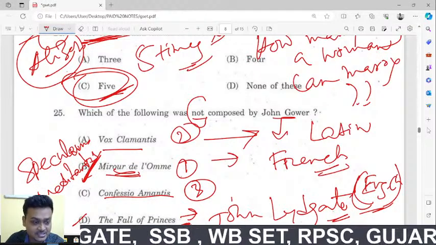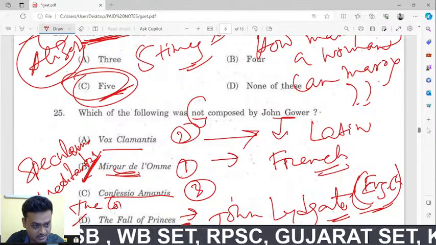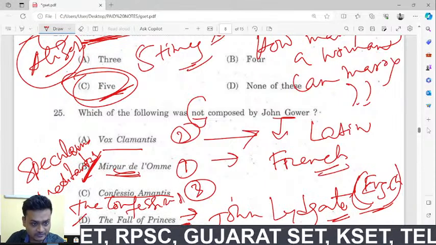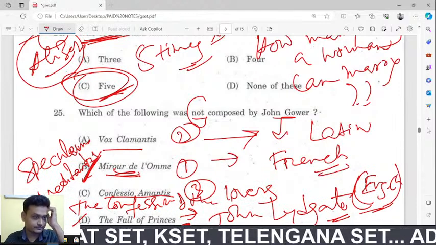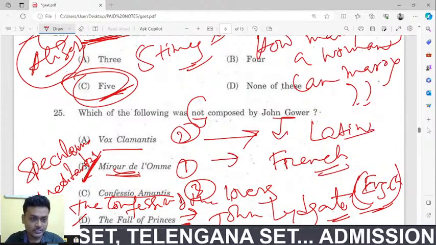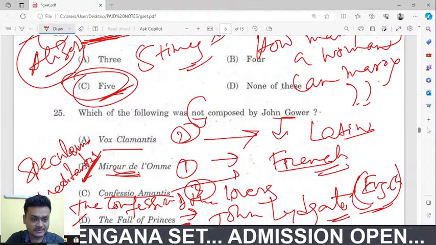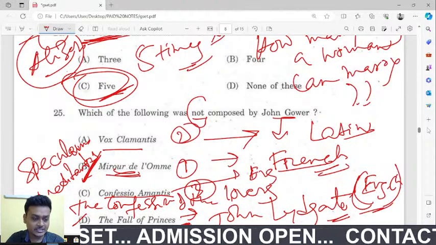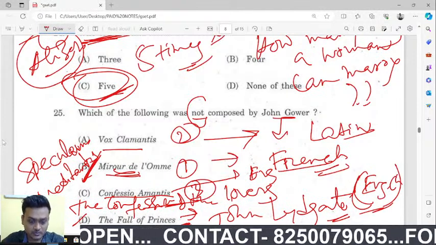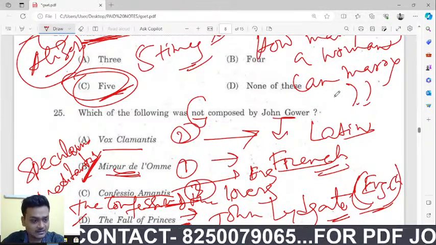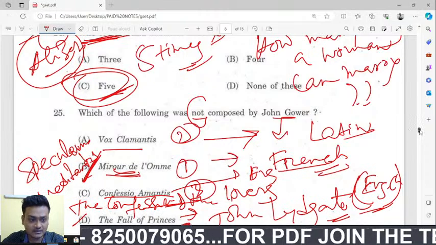The Confession of the Lover. Vox Clamantis in Latin, Mirour de l'Omme in French, and Confessio Amantis in English. John Lydgate has written The Fall of Princes. Exactly.